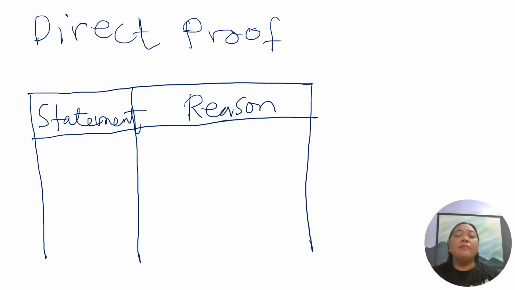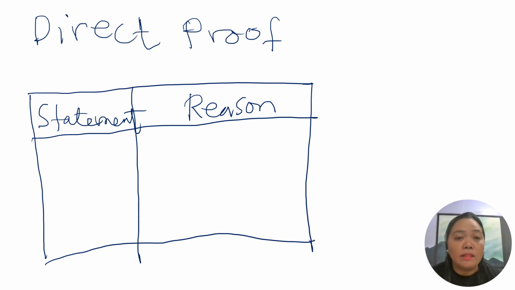For statement and reasons, you need to make a statement and of course give its valid reason. So this is what comprises our direct proof. We need a two-column form so that we can prove a certain statement. Is that clear, everyone?